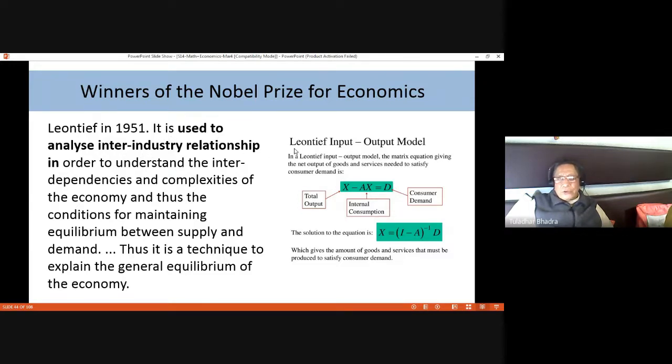It is called the Leontief input-output model. The model helps to understand the interdependence and complexity of the economy and thus the conditions for maintaining equilibrium between supply and demand. So it is a technique to explain the general equilibrium of the economy.